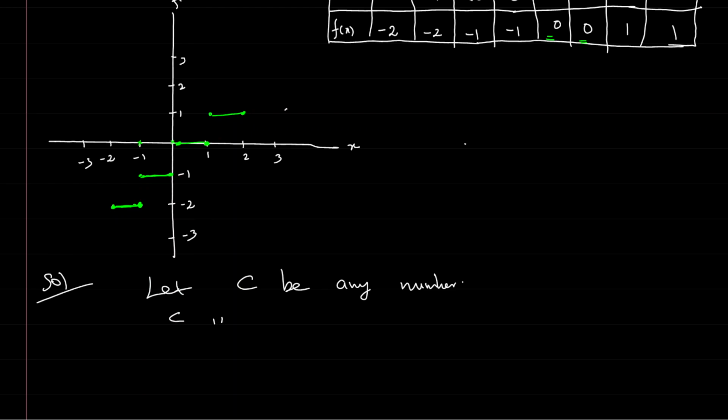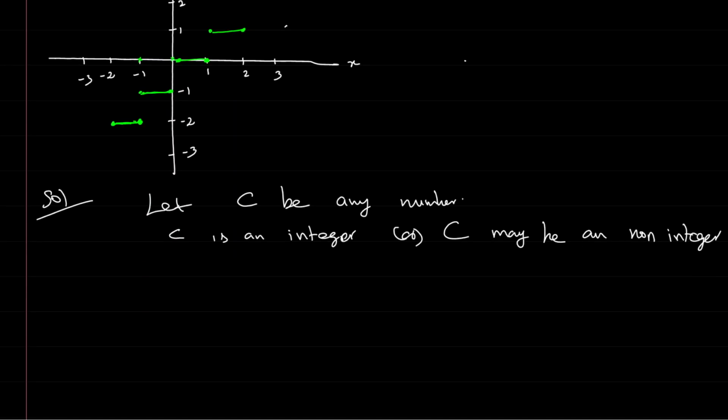C is an integer or C may be a non-integer. So let me see the case: what about if C is an integer and what about if C is a non-integer?